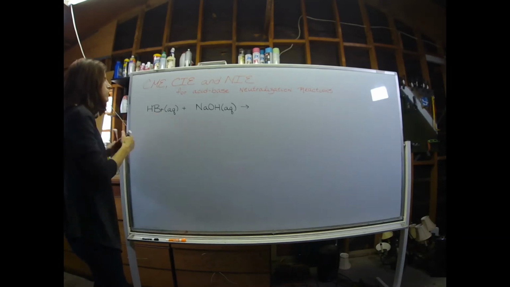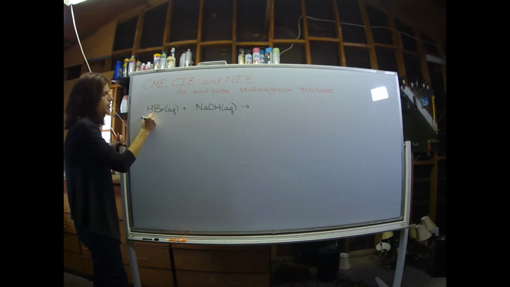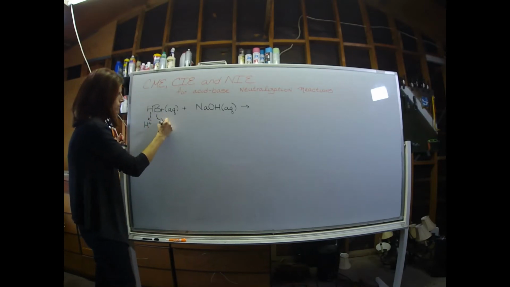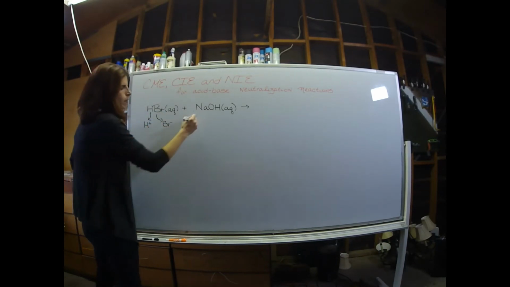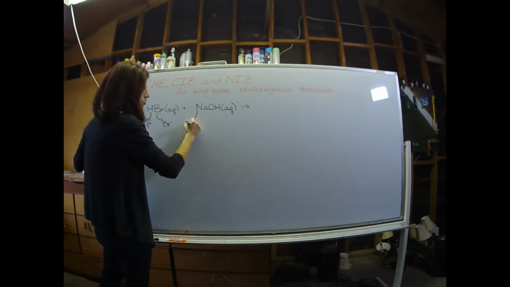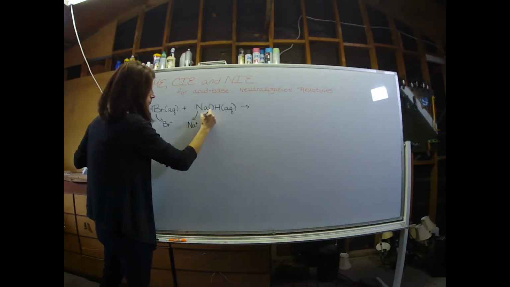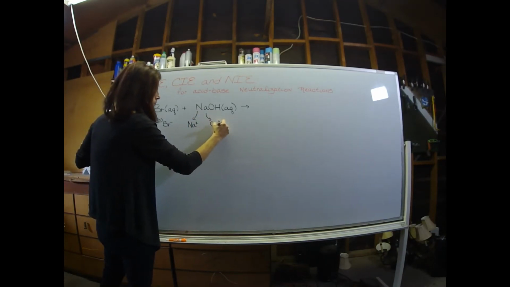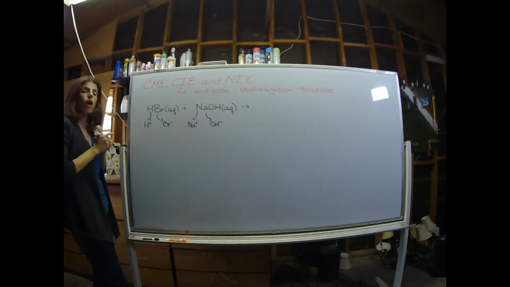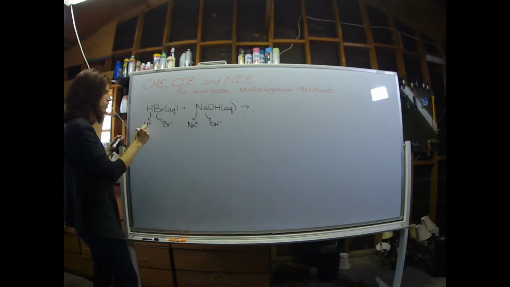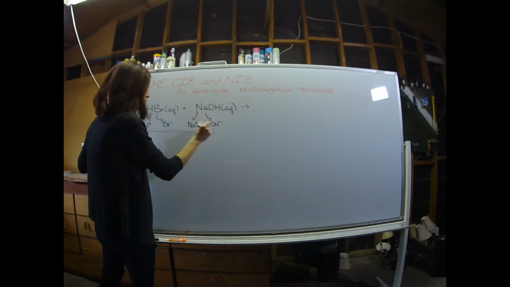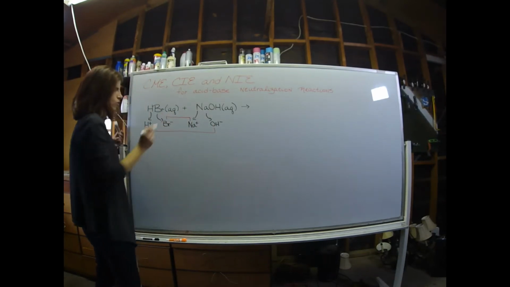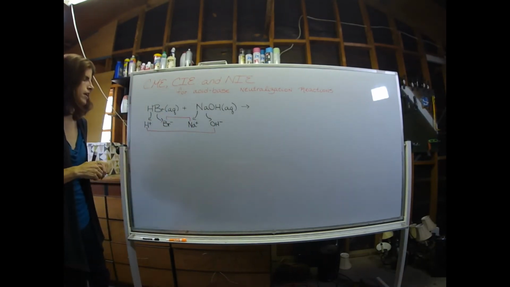So here we have hydrobromic acid, and I'm going to split that into its ions. Sodium hydroxide, also split it into its ions. And we're going to predict the products by do-si-doing the ions. So H plus with OH and the sodium with the bromide.